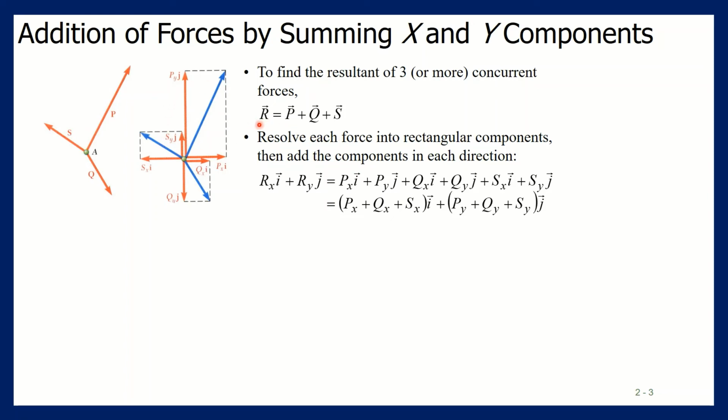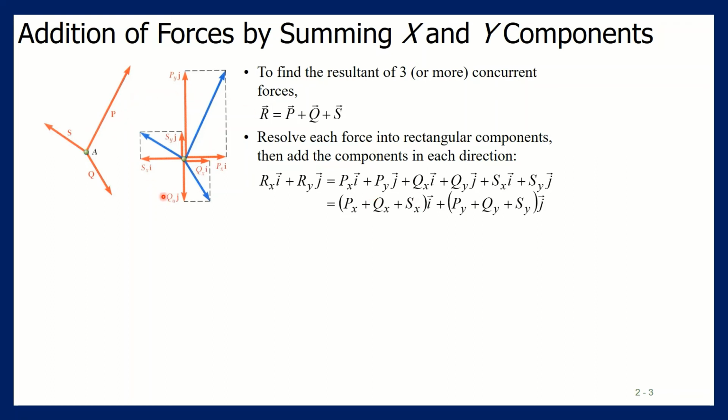So suppose R is the resultant force. For adding these three forces, you need to break the forces into the components and add the components in the same direction. So resultant will be Rxi plus Ryj, while on the RHS, say this is the force P. You need to break this into Px and Py, so Pxi plus Pyj.